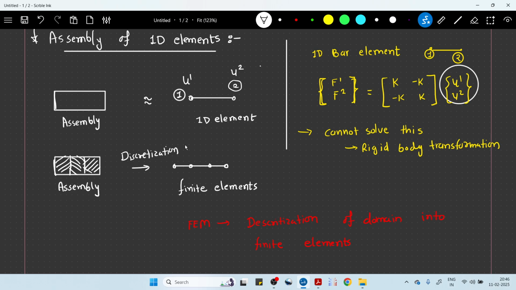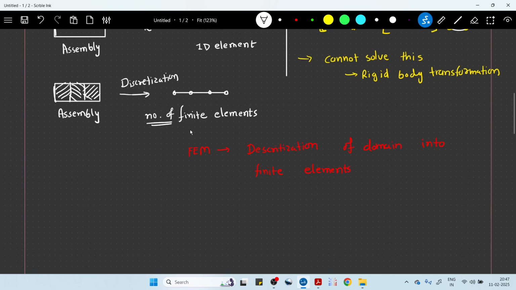What if we want the solution at intermediate points like this? Then we have to divide it into a number of finite elements. Discretizing with one element is not enough, so we discretize with many elements, which means we get the solution at intermediate points also.